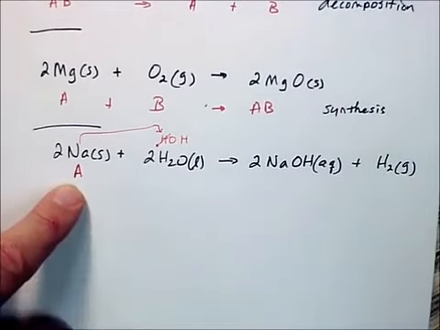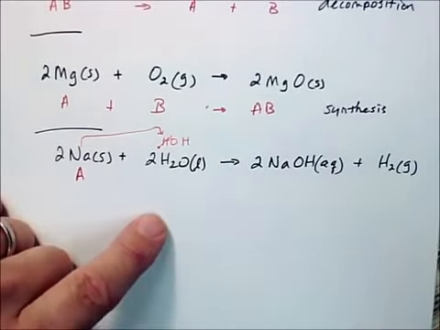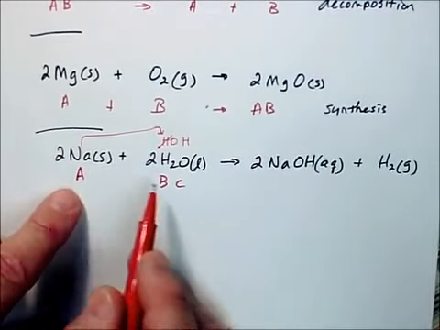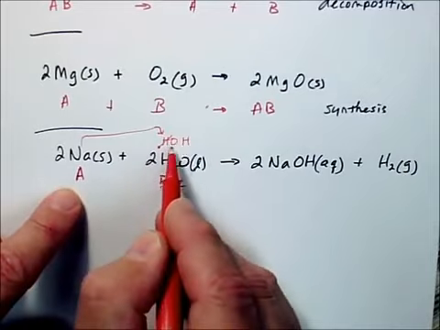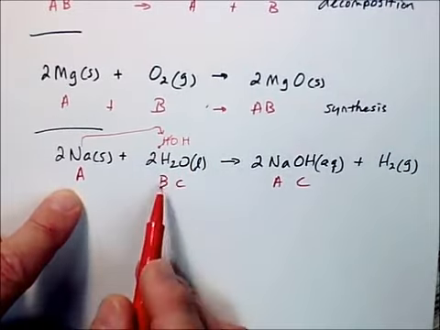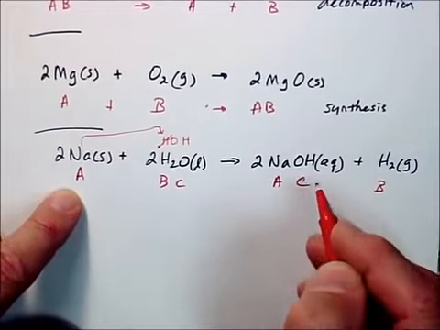So this would be BC. A is going to join up with the C part, or the OH part, leaving just the B part by itself.